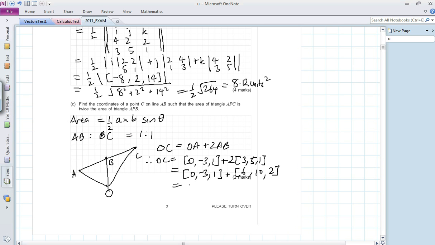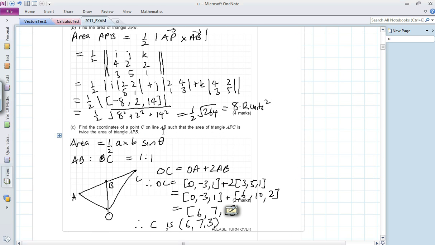Combining these, we get 6, 7, 3. Therefore C is the point (6, 7, 3). So again, a fairly straightforward application of our vectors knowledge here, but using this ratio factor up the top here.